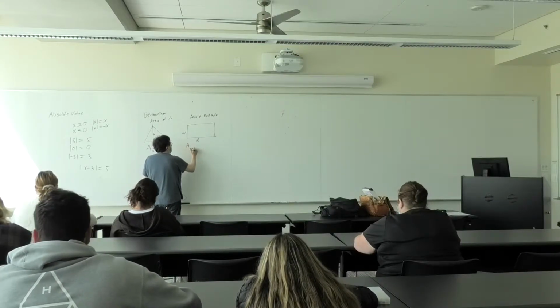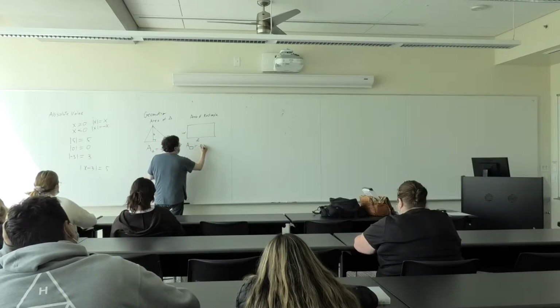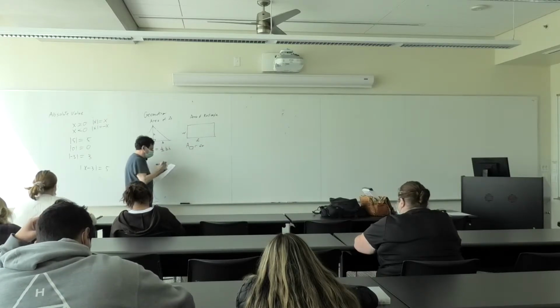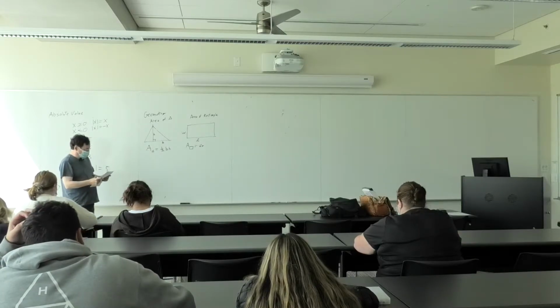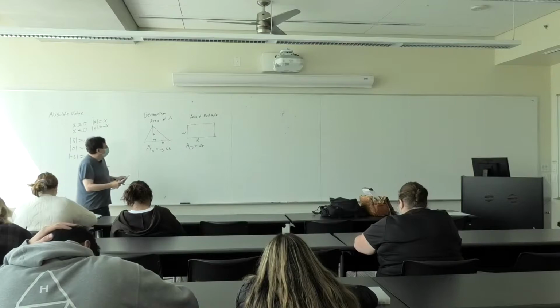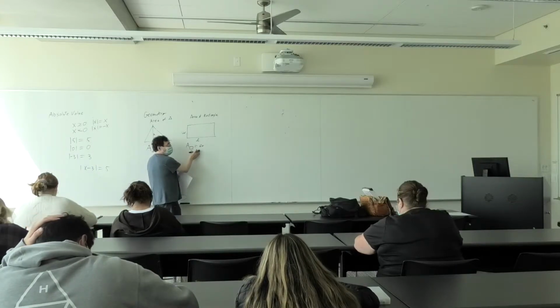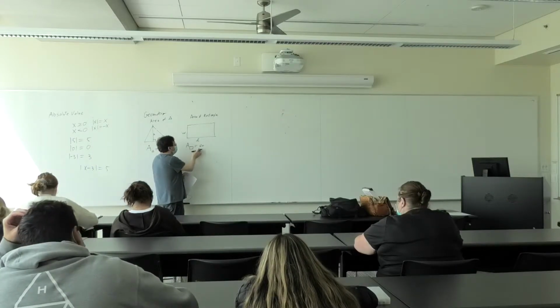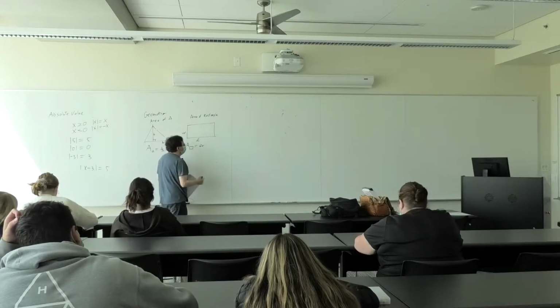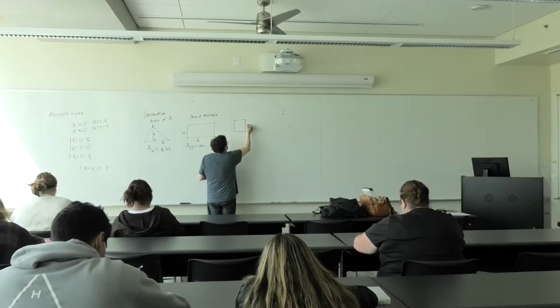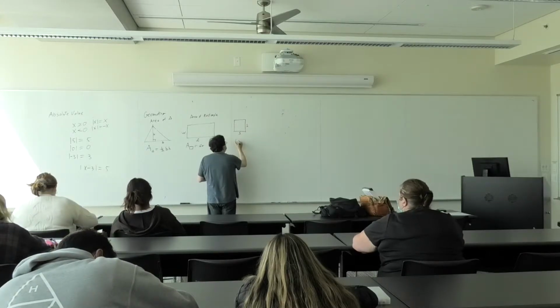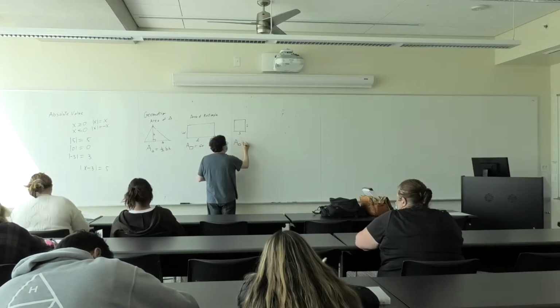And the area of a rectangle is just going to be length times width or base times height. This is going to work fine for a square, except length and width will be the same. So for a square, we could just say S for the sides of a square, and the area of a square would be S squared.